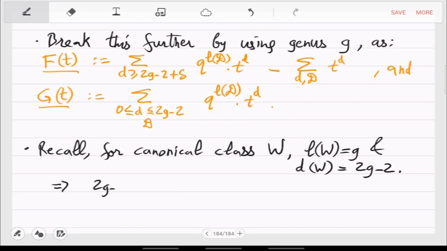Which means that 2g minus 2 is a multiple of delta. Okay.